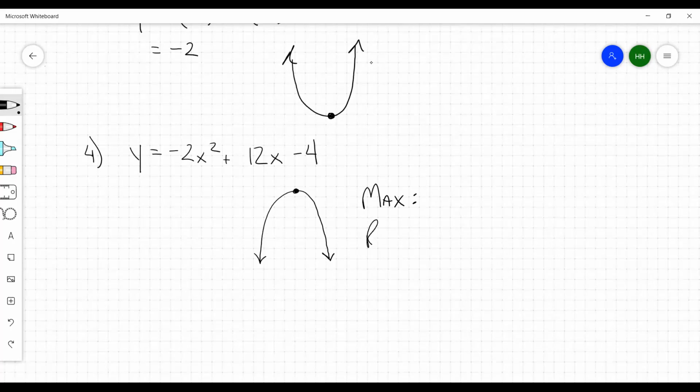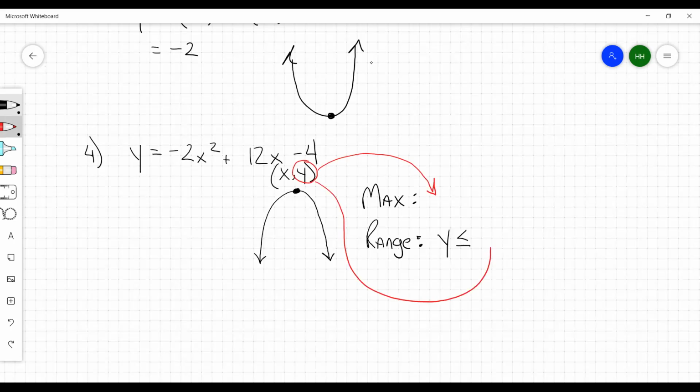Your range. Now, since the graph goes down, your range is going to be Y is less than or equal to whatever your Y value is at the vertex. So when you do your XY right here, this Y value goes right here, and this same Y value goes right here.